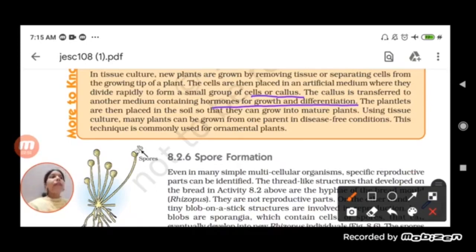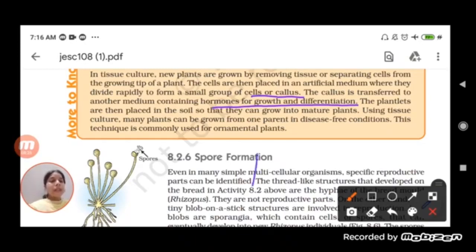We can also provide sufficient nutrients that will make it a disease-free plant, and we provide resistance to the plant. This technique is important since it helps in providing resistance to the plant against diseases. And this is basically used for ornamental plants.